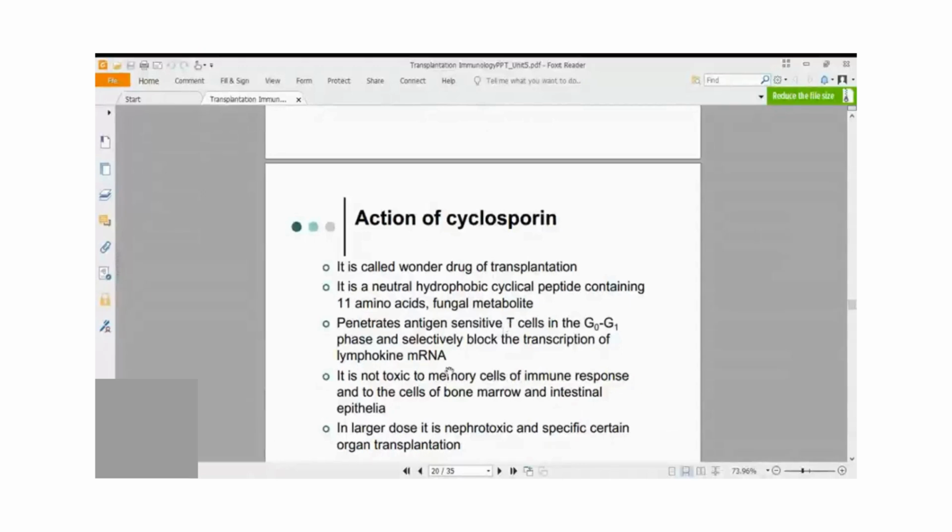Here I've used the word lymphokine. Lymphokine is the word used for the cytokines produced by a lymphocyte. The activated T lymphocyte, especially the Th cell, secretes a large number of cytokines. They are called lymphokines.